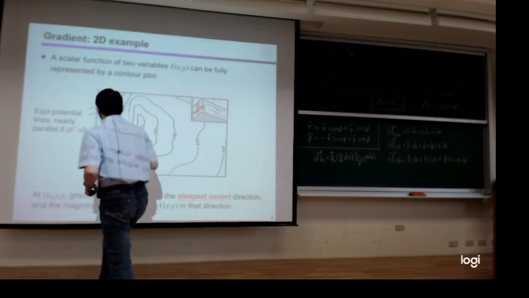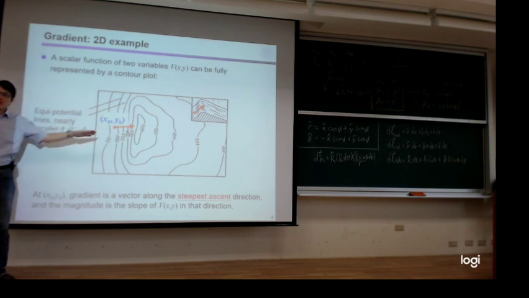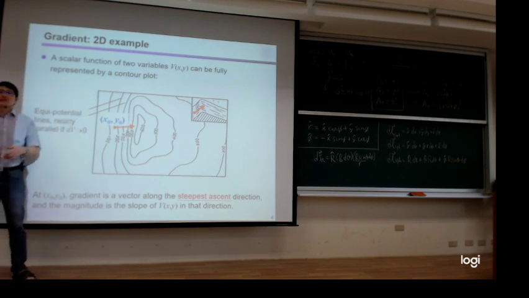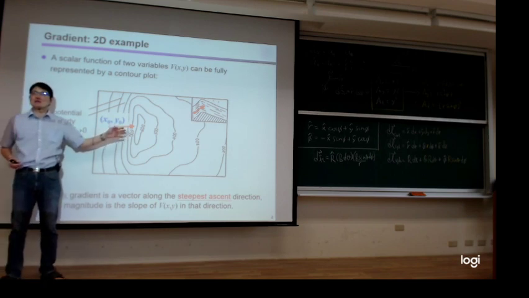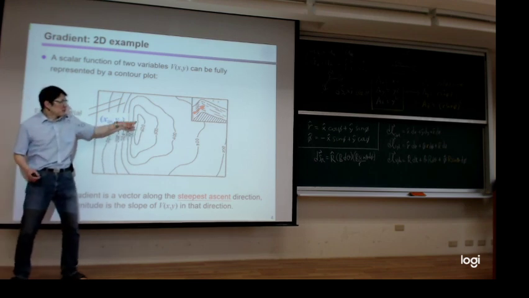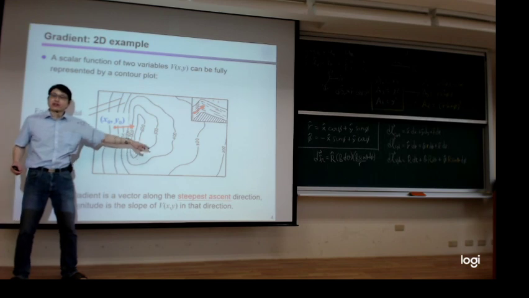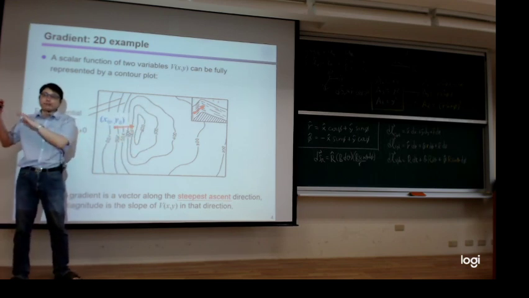Let's take a look at this map. This is a two-dimensional map. Okay. So imagine this is the map of our humanity college. We have a mountain, right? So this is like telling you the heights. The contours are having the same height of our humanity college.